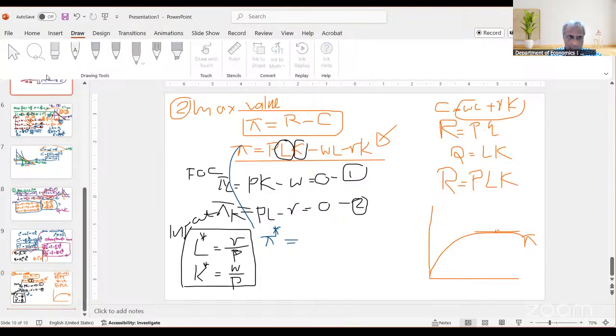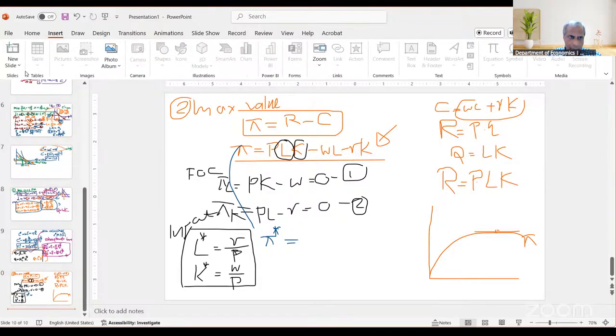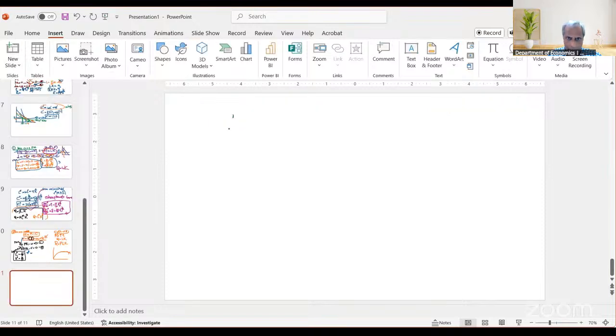So I'm going to another slide. Now, what you are going to get is the optimal value profit function.